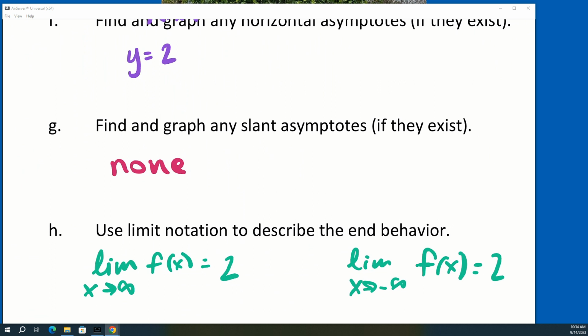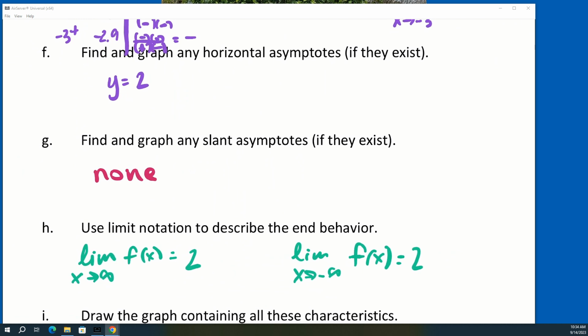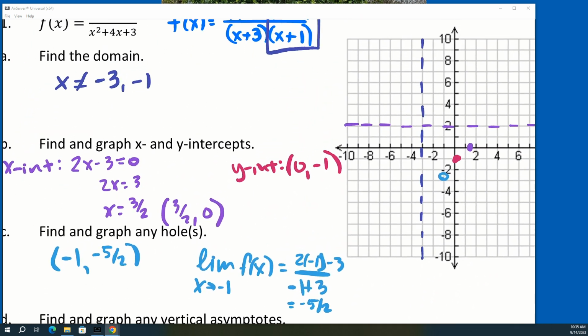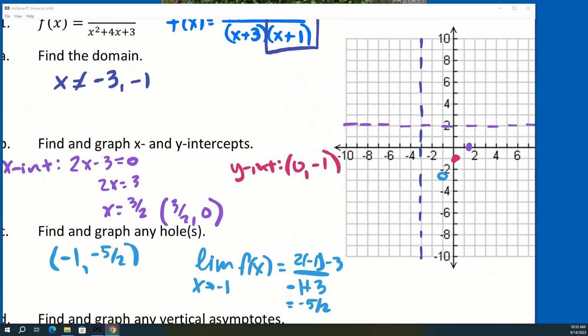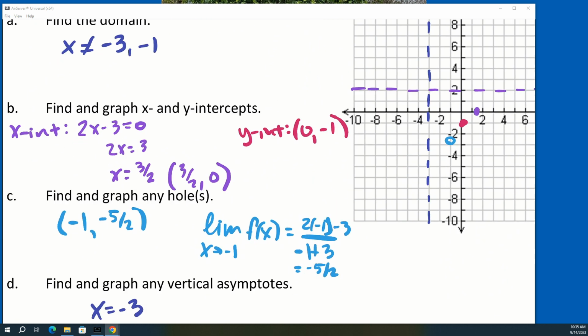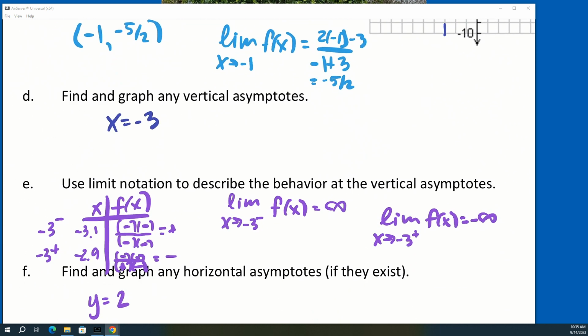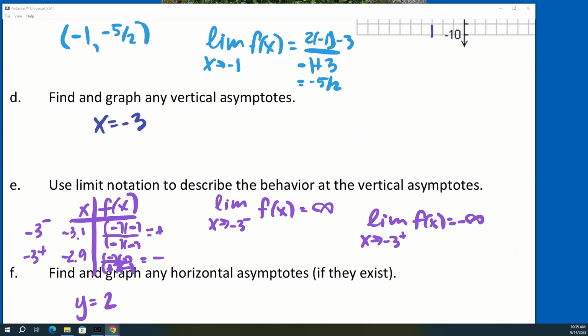All right, so we can do this whole graph. Now on the left side of the vertical asymptote, we actually don't have any points out there, but it's okay. We can use other things we wrote to figure out what's going to happen. So on part E, we wrote that on the left side of negative 3, the graph is going towards positive infinity.